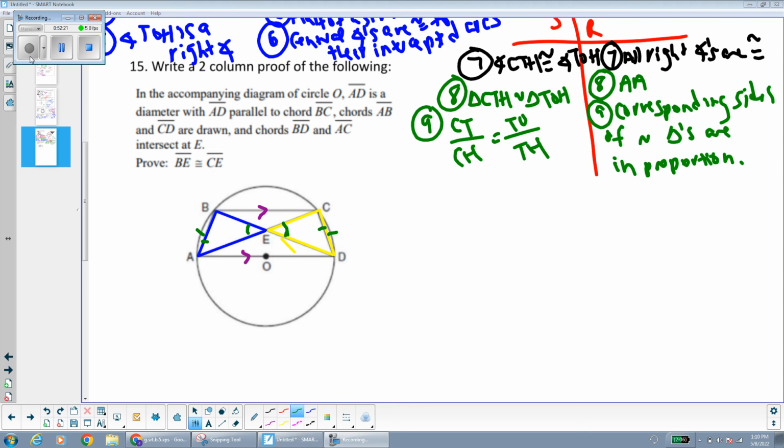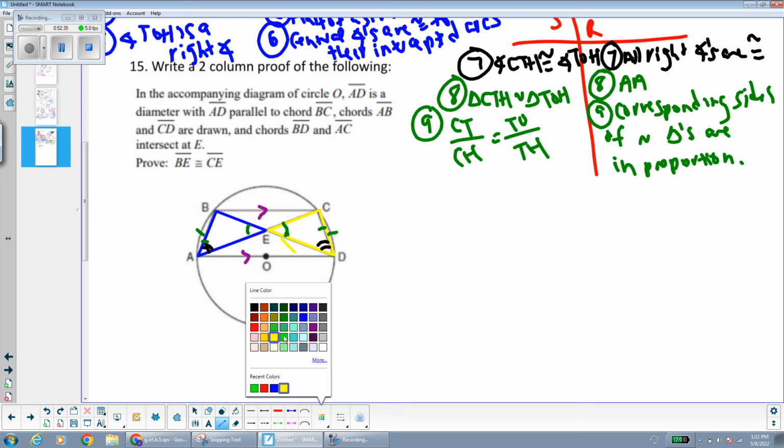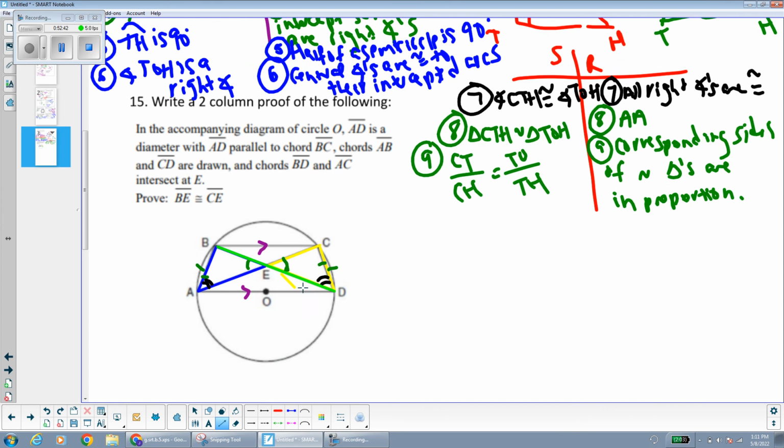So I think I can get another pair of angles here. I think I can get this angle and this angle over here. Notice how they're both inscribed angles. And really quickly, just to show you guys, this inscribed angle here is opening up to arc CB.